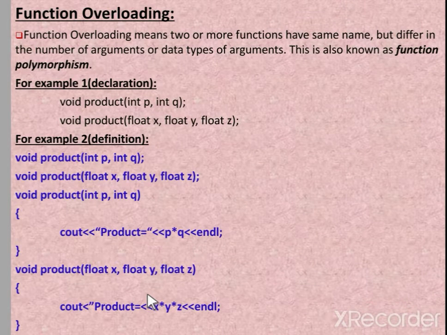First time with two integer values p and q and integer as return value. Second time, see here, with the three float values and return type being a float. What will happen here? The compiler automatically chooses the right type of function depending on the number of arguments.